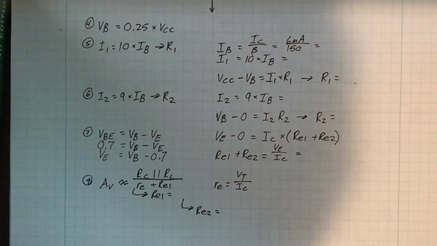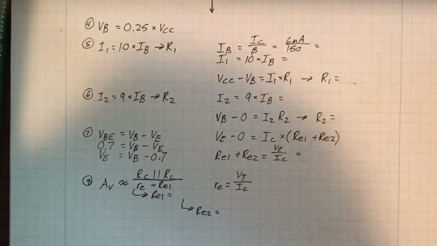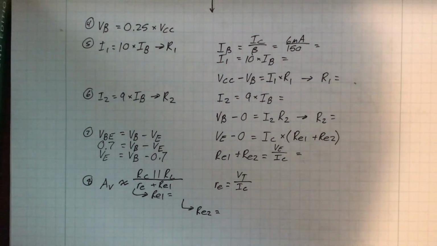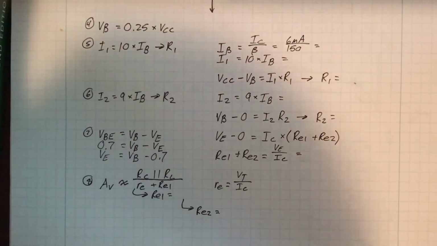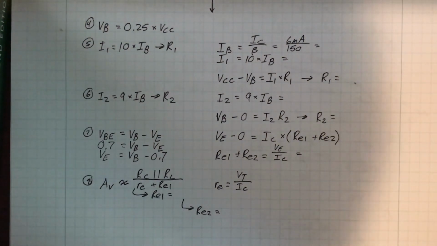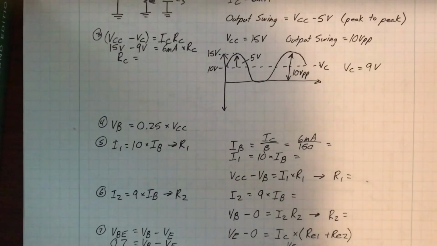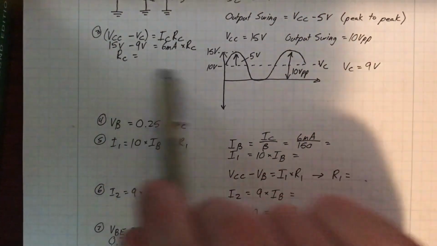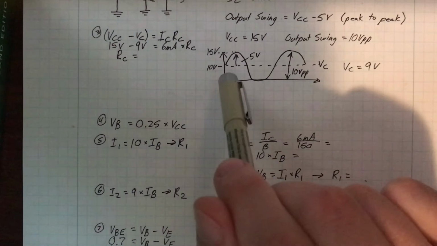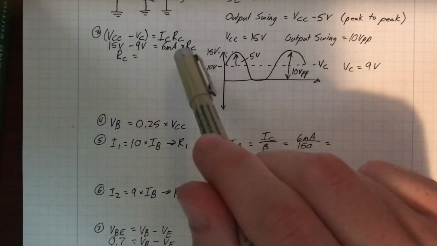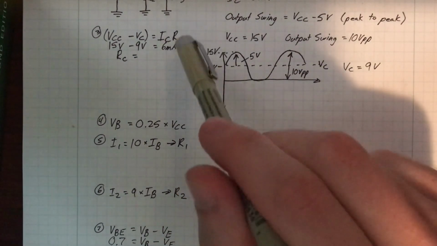The last step in the process is to round all of these to standard values based on what you can actually find in the lab, which is pretty straightforward. Just make sure you round in the correct direction sometimes. For example, RC, if you round that up, that would be the way to go.